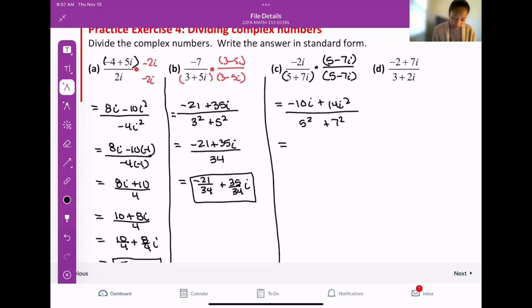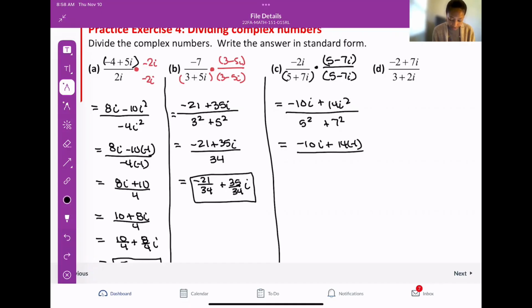All right, so then this is negative 10i plus 14 times negative 1. After a while, you'll realize 14i squared is negative 14. After you do enough of these, you'll start noticing those patterns. You can simplify a little bit quicker.